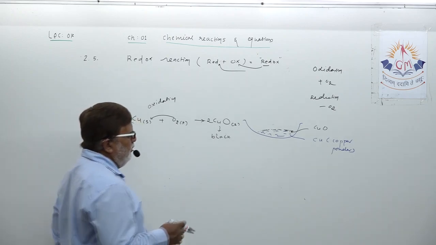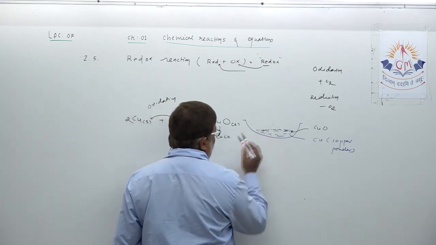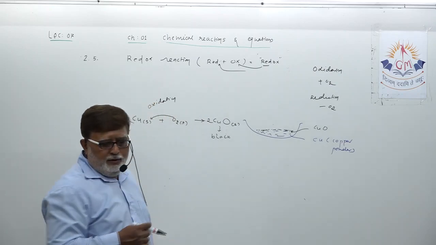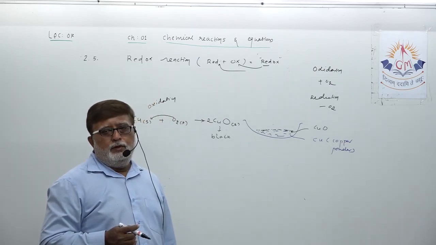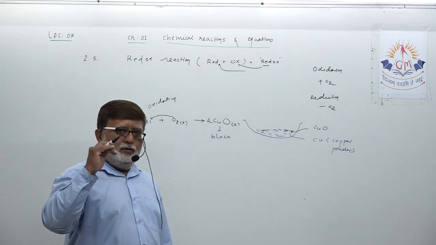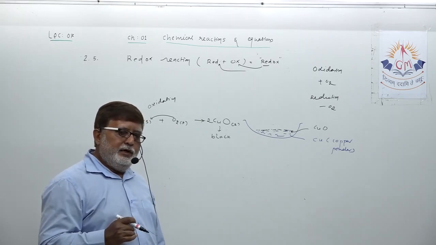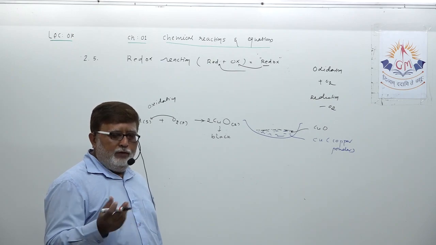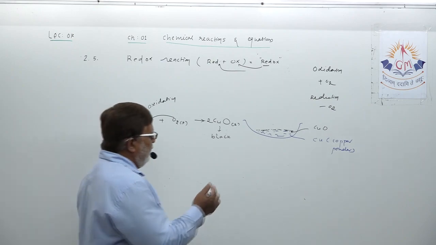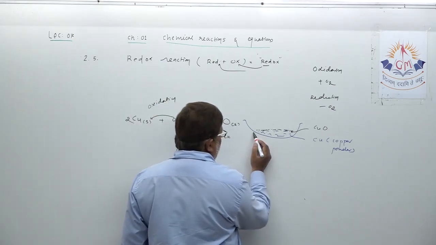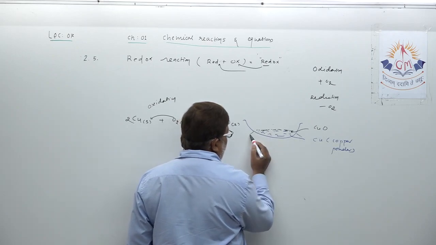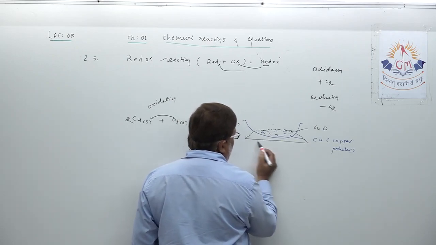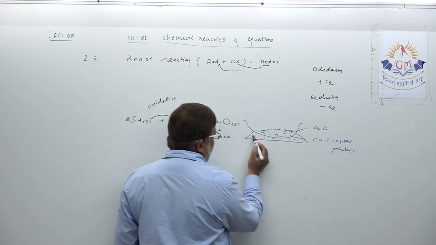Now, dear student, if you start heating this compound, actually copper powder with a layer of black colored copper oxide on it, you have to keep it on a wire gauze on a tripod stand.